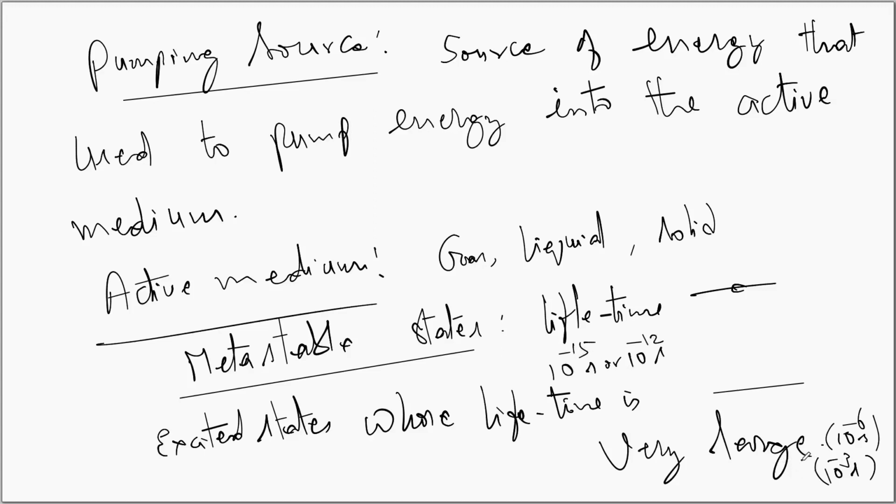Now we have lifetimes in the active medium for some of the excited states that are 10 power minus 6 or 10 power minus 3 seconds, which means these set of energy levels in the active medium have a very large lifetime, and such states with very large lifetime are called the metastable states. The metastable states in the active medium are responsible for the lasing action.